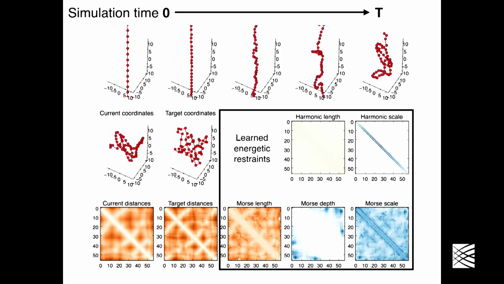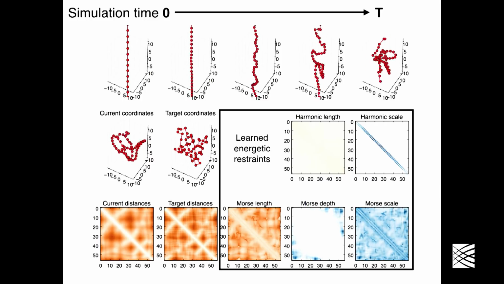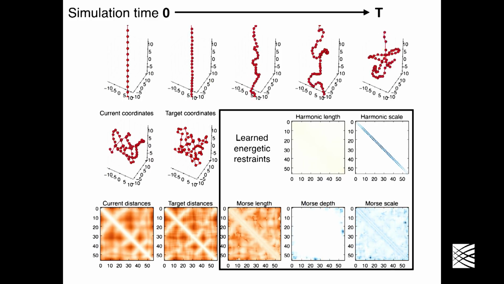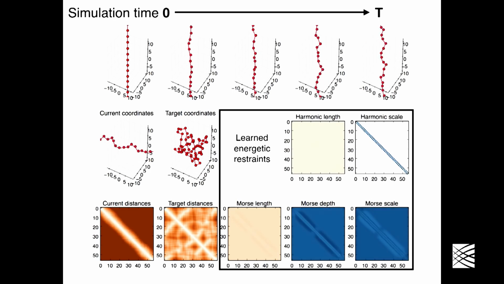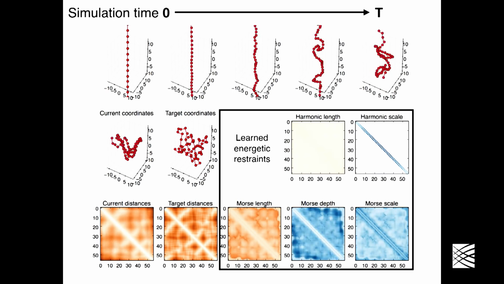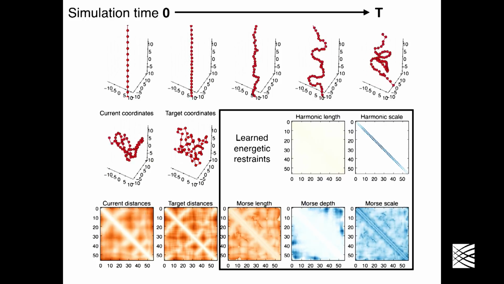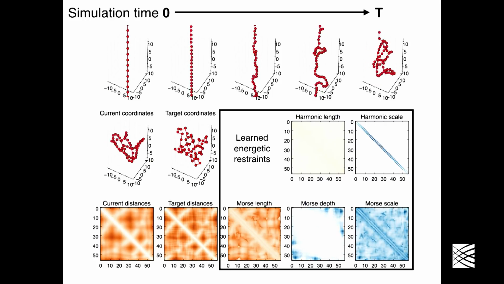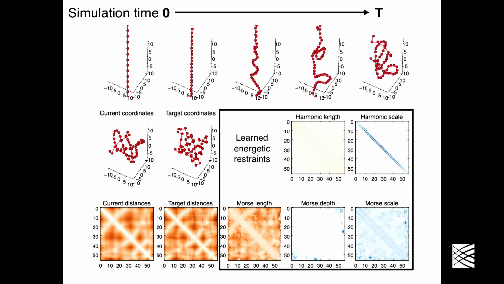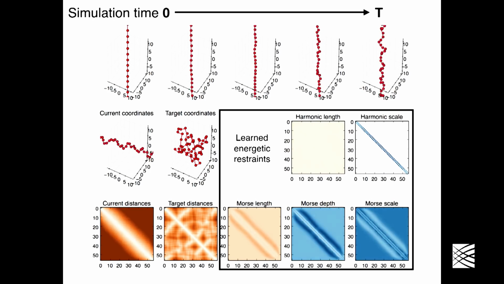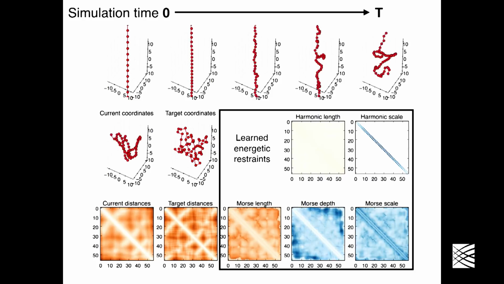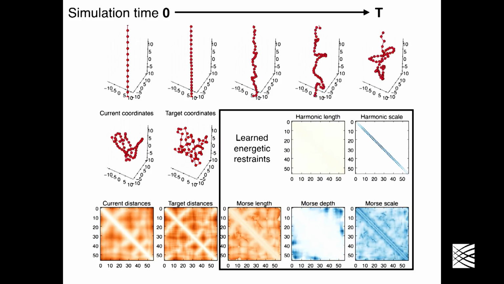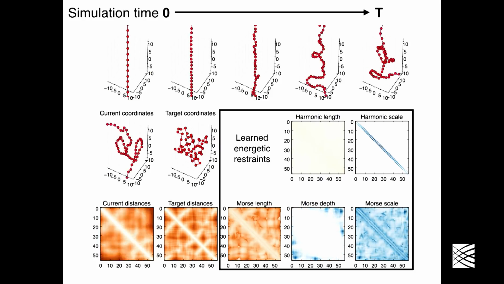That potential well, as I showed you, has three parameters, and you're seeing how these parameters evolve over learning. Of course, the solution is not so surprising in some sense. It basically uses the potential well to anchor the structure around the contacts that happen in the target.